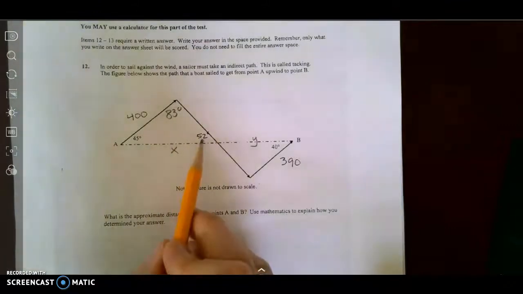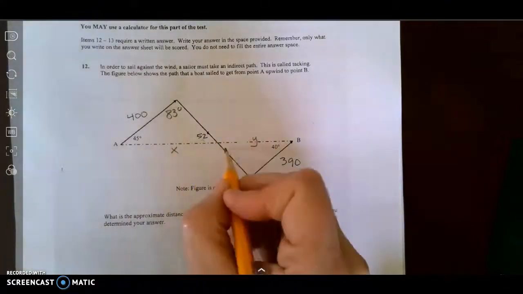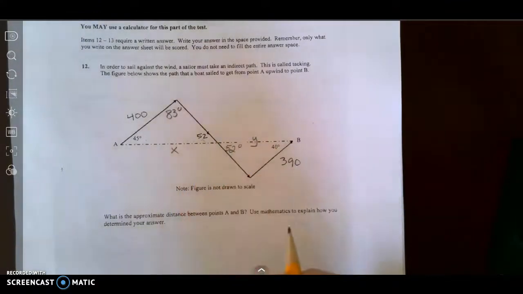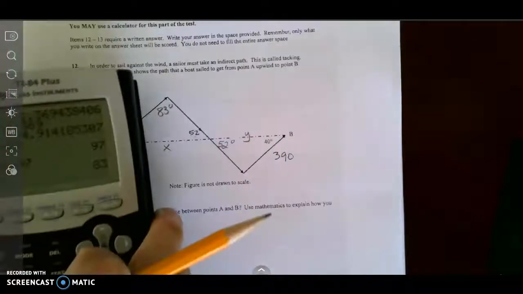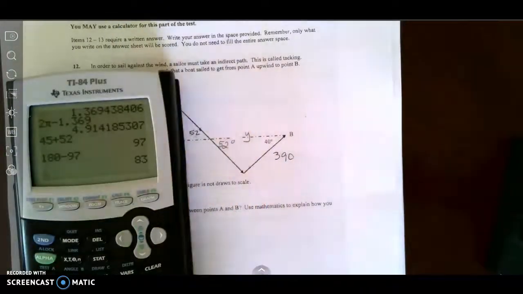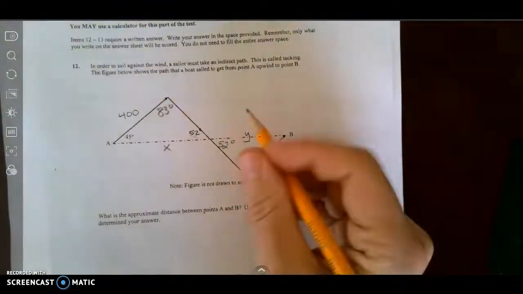Vertical angle theorem tells me that this is 52, this is also 52. And then I can find this missing angle, 52 plus 40. Subtract that from 180, 88.